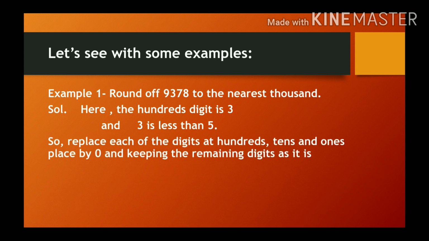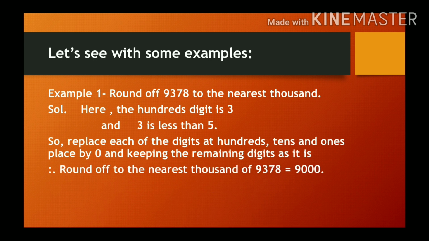So replace each of the digits at hundreds, tens and ones place by 0 and keep the remaining digits as they are. Therefore, round off to the nearest thousand of 9,378 is equal to 9,000.